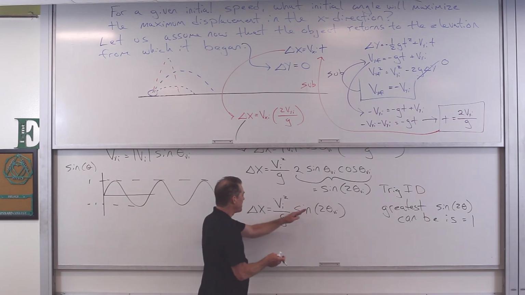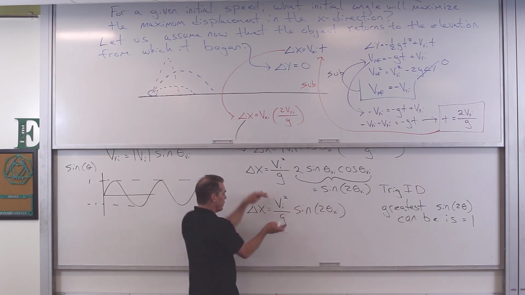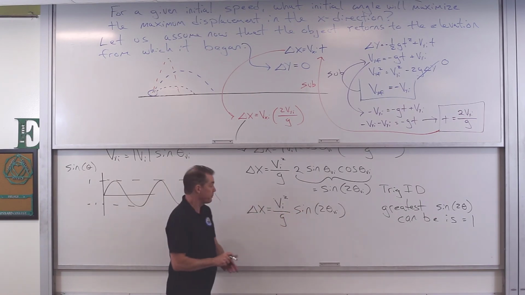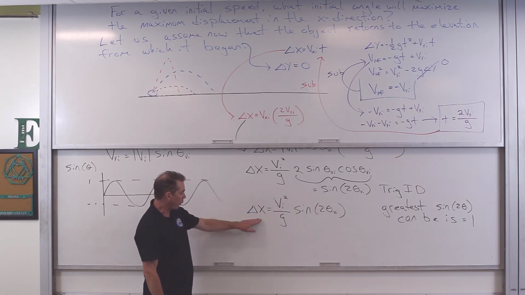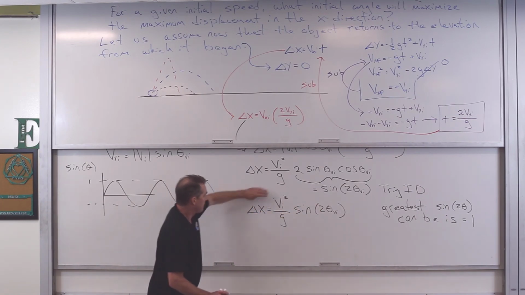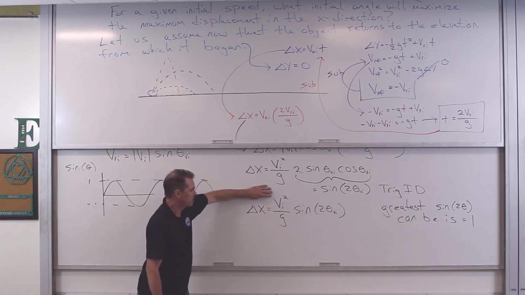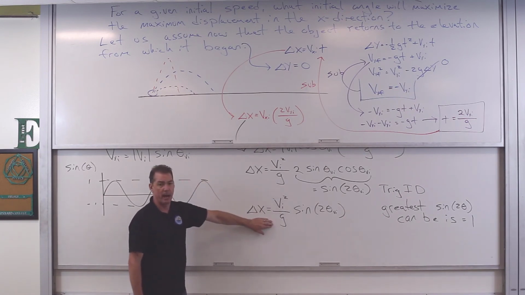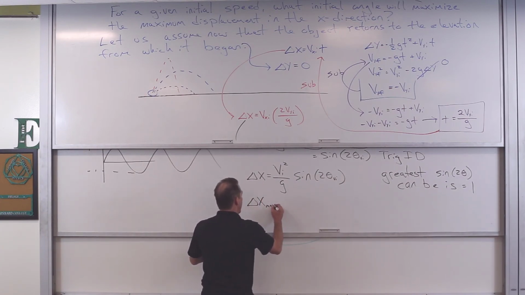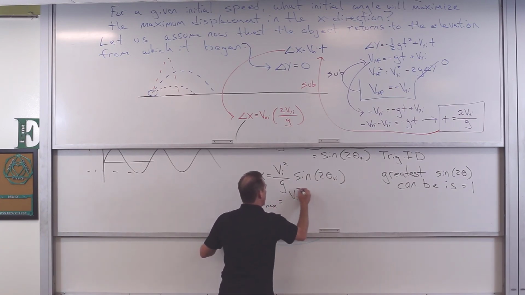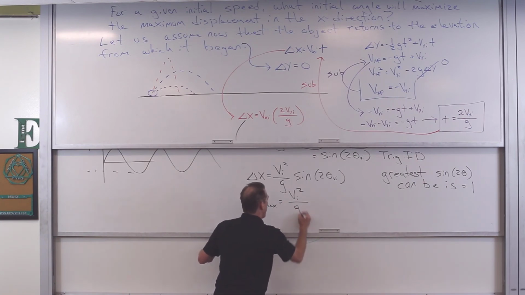Otherwise, it's something less than 1, and something less than 1 times this is going to be smaller than if sine of 2 theta is actually equal to 1. So really the greatest that delta x can be is V initial squared divided by g. So delta x max is equal to V initial squared divided by g.